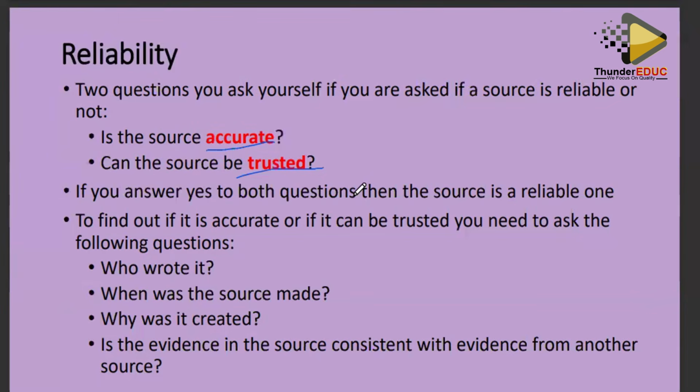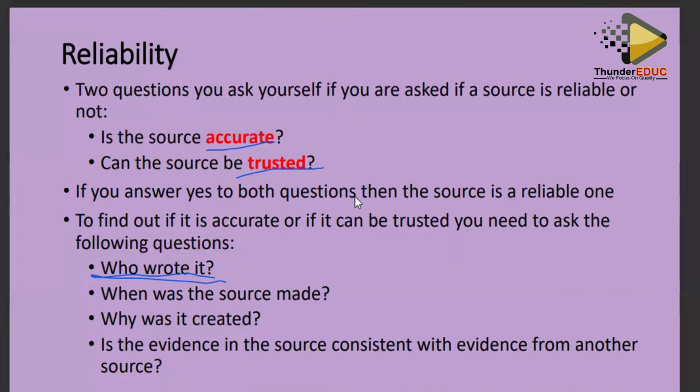So what are you supposed to analyze for you to say this source is accurate and this source can be trusted historically? You check on aspects like who wrote the source. Who wrote the source? Check on the author of the source. When you're looking at reliability, we are saying sources written by historians are more likely to be reliable than sources which are provided by laymen in history.